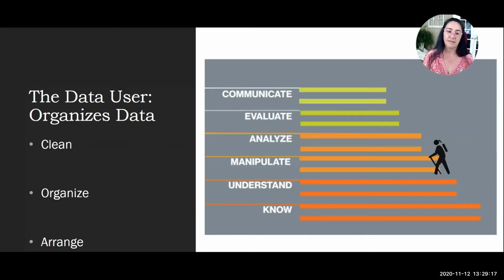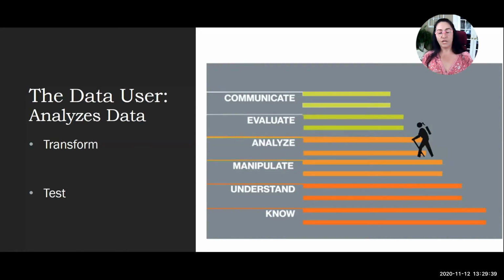We organize it, we arrange the data, we clean the data. These are competencies that are retained by a data user. A beginning data user, right? A step 1 data user can do these things.